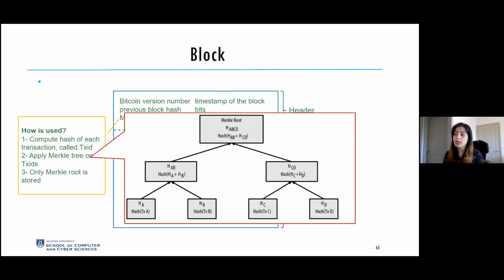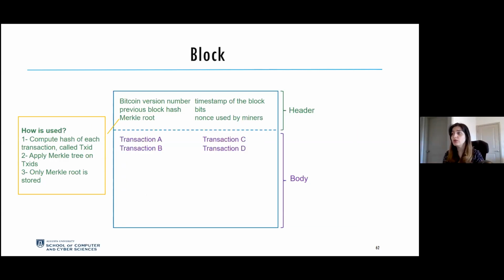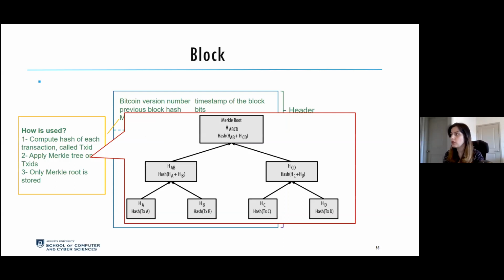For each transaction in the body of your block, you compute the hash of that transaction and the hash of the concatenated transactions, until you reach the root. And the Merkle root together with the previous block hash are the essential part of the immutability that we're going to talk about in more detail.